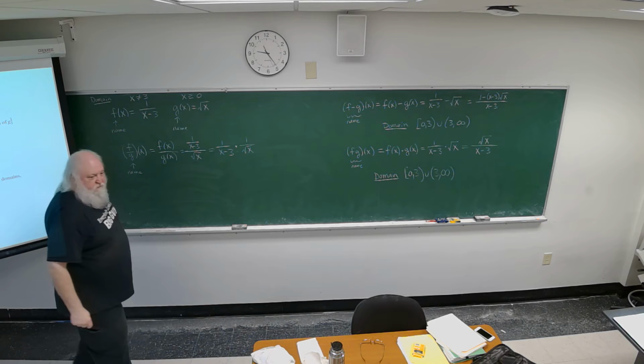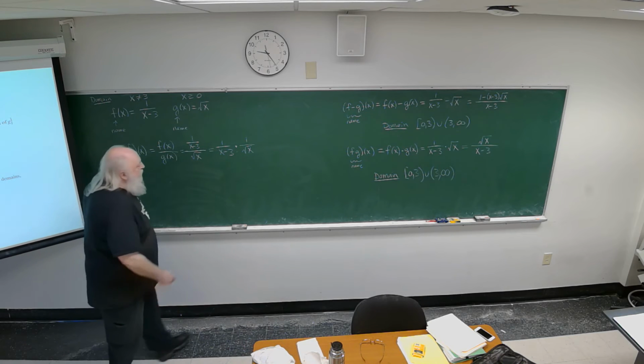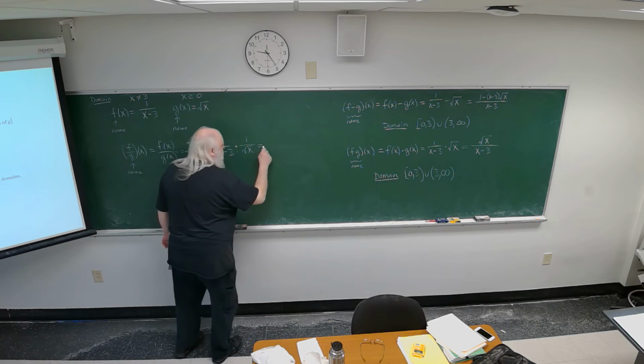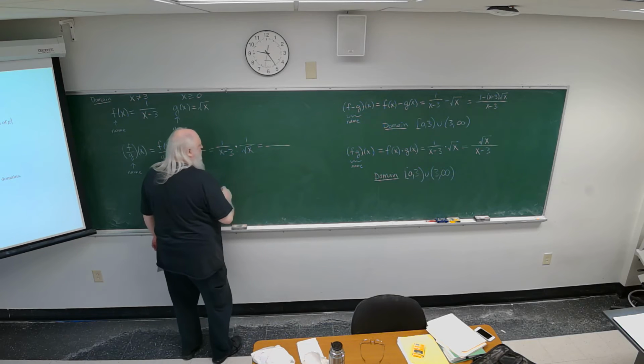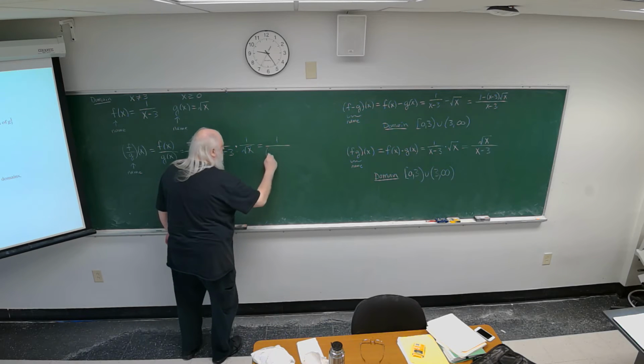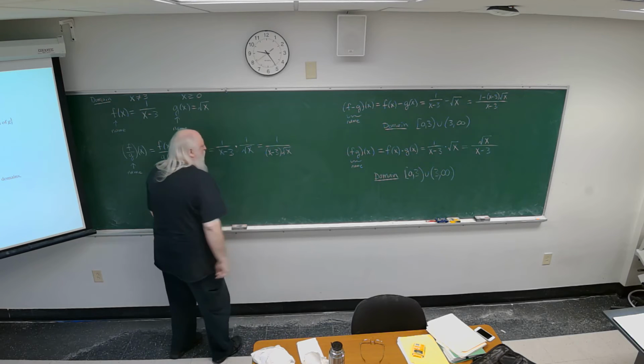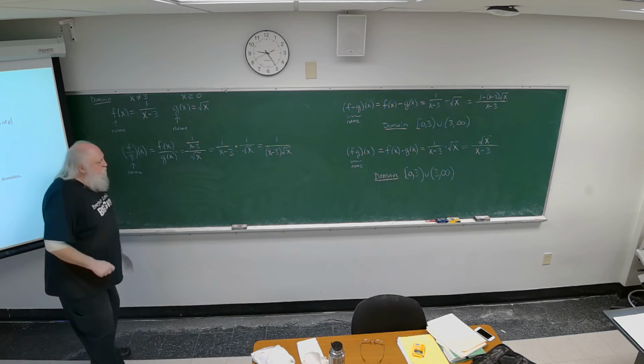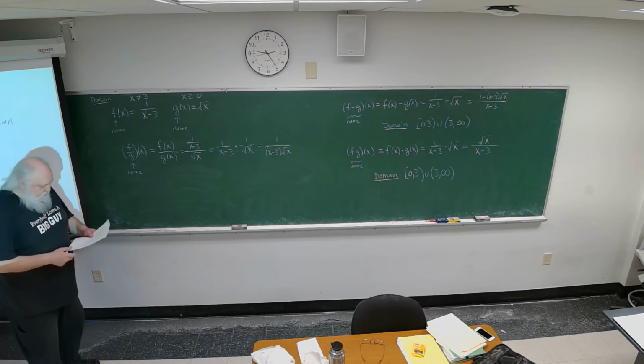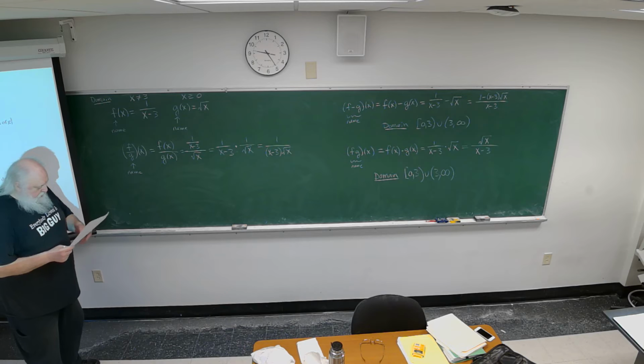Keep, switch, flip. And now when you multiply two fractions, you just multiply straight across. 1 times 1 is 1. And then we have x minus 3 times the square root of x. All right.